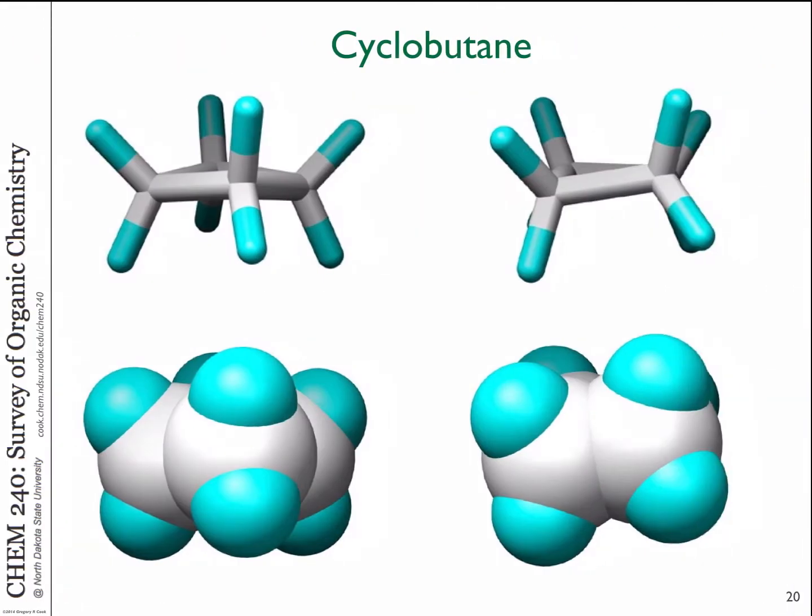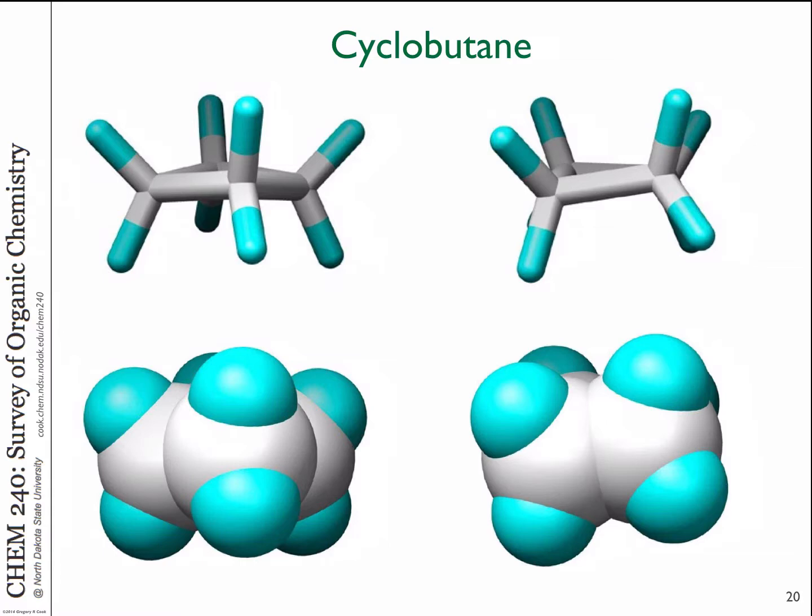Let's take a look at cyclobutane. We've added one more carbon to the ring. And just that one additional carbon, because it tries to get more optimal angles as much as it can, is not completely flat anymore. If you notice the picture on the right where I've tried to show a side view, what you see is that the four-membered ring is slightly puckered.